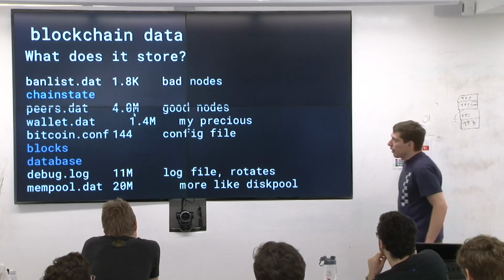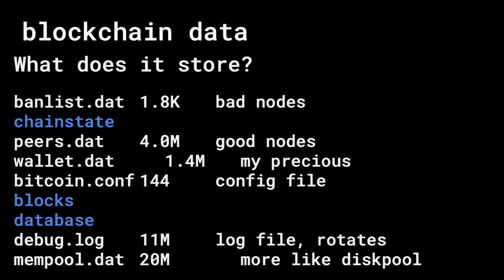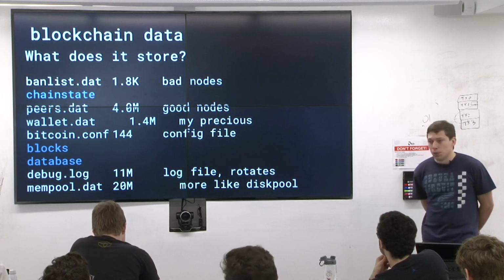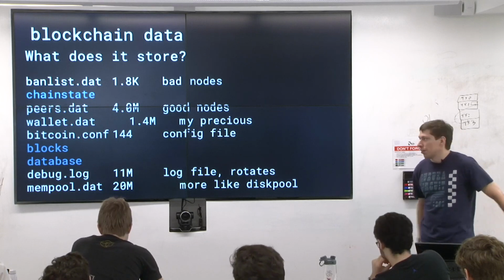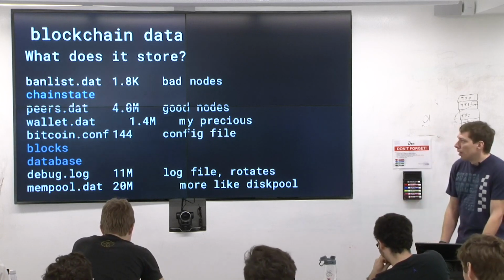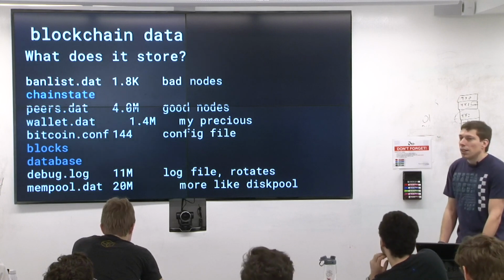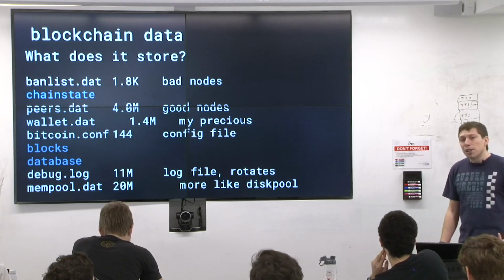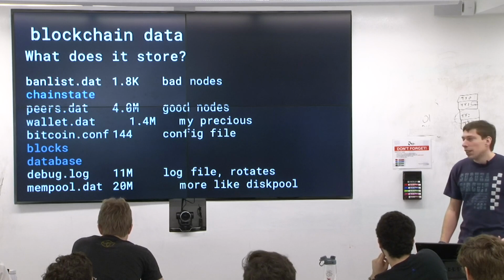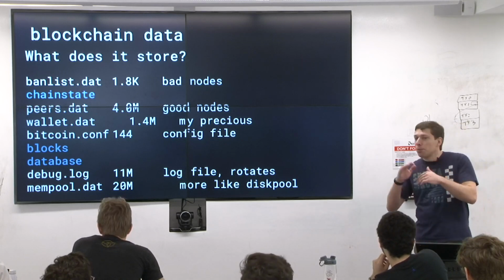Then you have peers.dat, which is good nodes. It's quite a bit, 4 megabytes. You keep track of all the different nodes you've connected to for the duration of however long you've been using Bitcoin. I keep track of all their IP addresses, how much uptime they've had, and what I've downloaded from them. I sort them and put the good ones at the top.